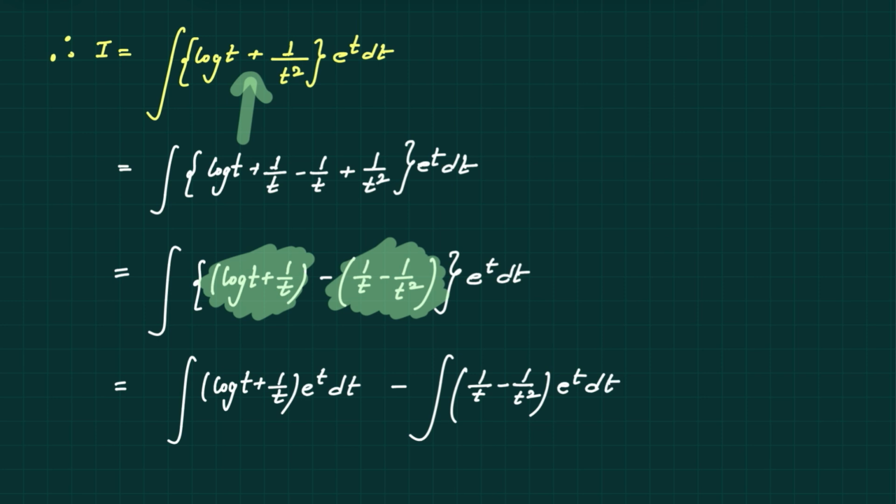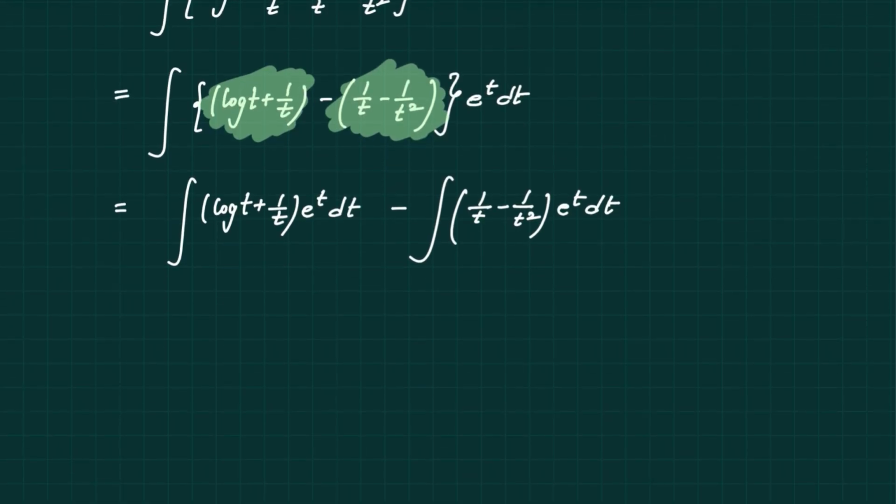t dt. On doing so, now you see if log of t is my f of x, then f dash of x will be 1 over t. And here if 1 over t is my f of x, then minus 1 over t square is f dash of x. Hence, we can write this as e to the power t into f of x, that is log of t, minus e to the power t into f of x, which is 1 over t, plus c.